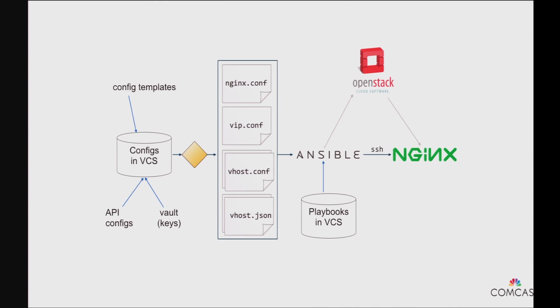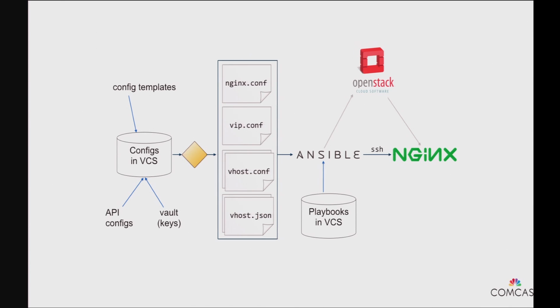And those are all in the version control system. We pass it through our generator, which outputs a configuration file for the entire nginx server, one for the VIP, so the endpoint within each data center, and then the various configurations for the virtual host, so tying the name of the virtual host to the JSON configuration.